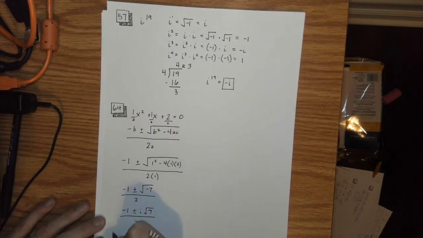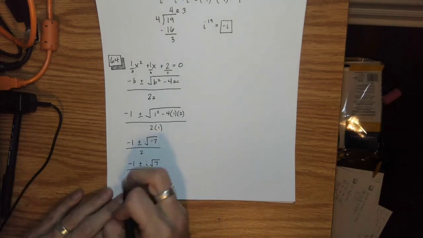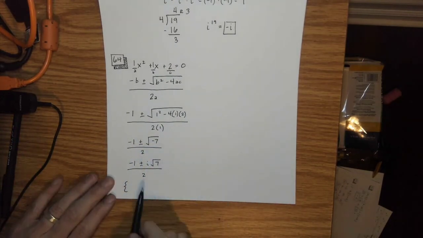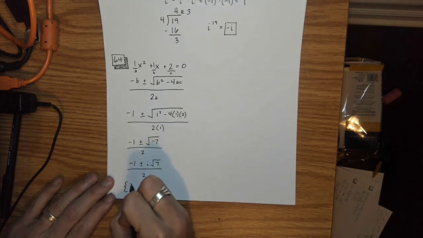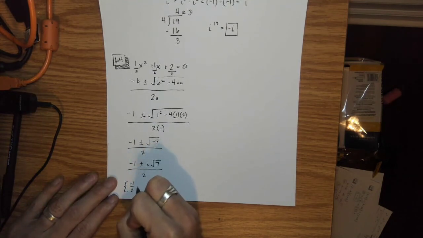And if they want you to express this split apart, you could just say that this is a negative 1 over 2. Let's do minus first.